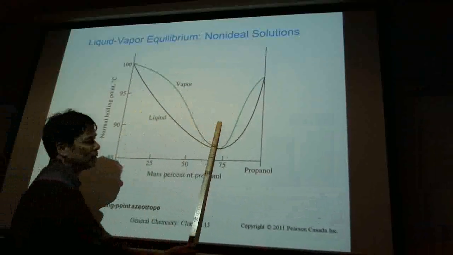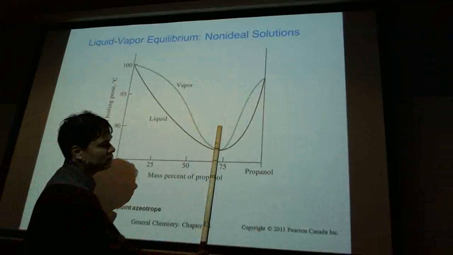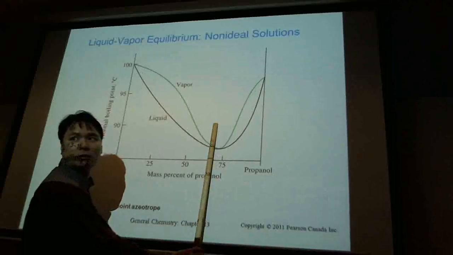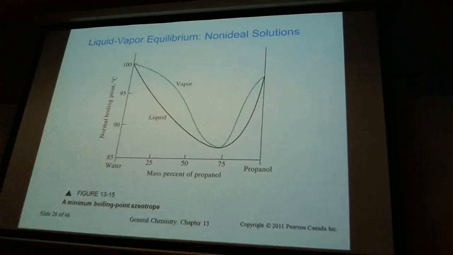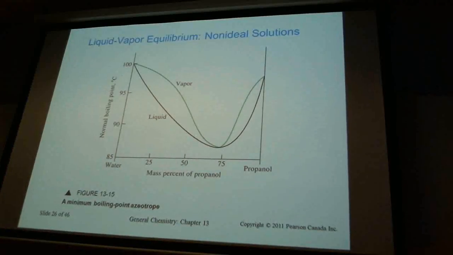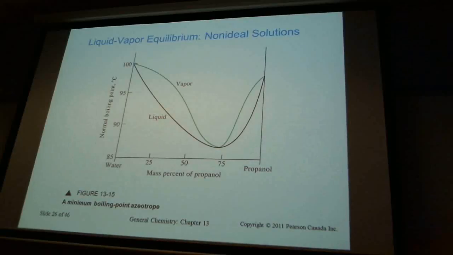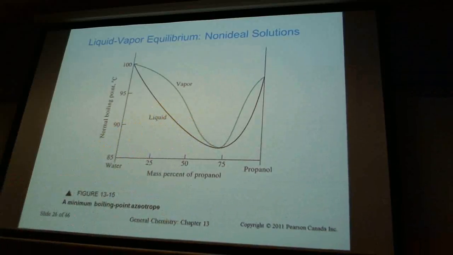You don't have to know that, but basically the purest propanol you're going to get is less than 75% propanol, 25% water. If you try to distill alcohol, like grain alcohol, you know what the purest you can get from distillation is? 95% ethanol, 5% water. That's the purest you can get because of this deviation from ideal behavior.